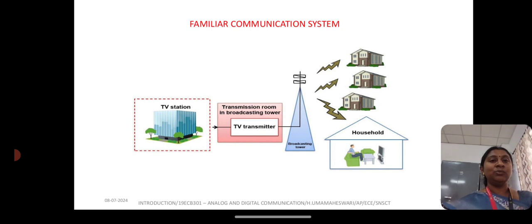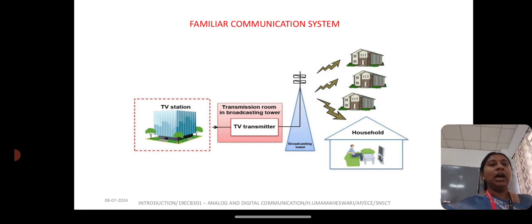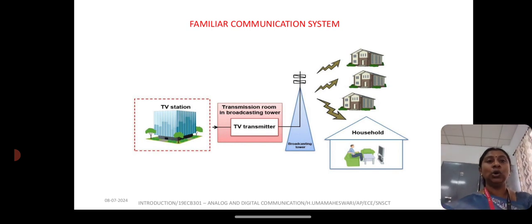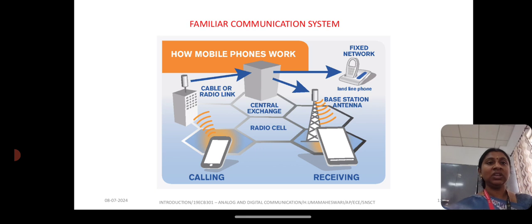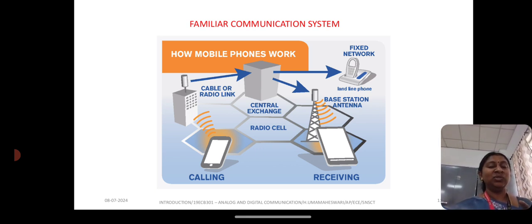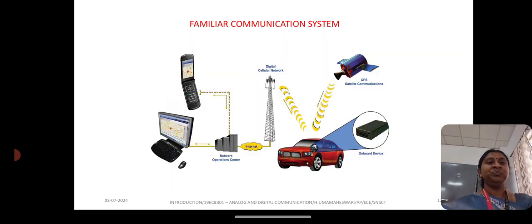This is a familiar communication system, an antenna and a TV station used in a household. Then how the data is transmitted from the antenna to the other devices is given here. Then how the mobile phone network exchanges data between the sender, receiver, and finally the other networks.